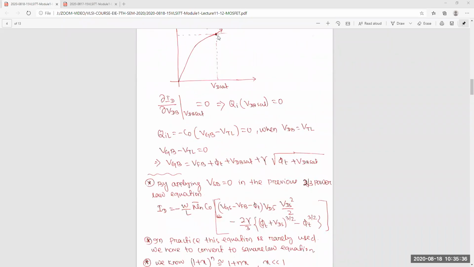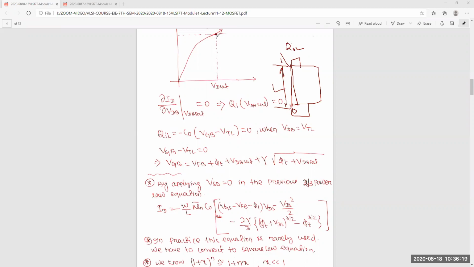At that particular point, we also say that QIL, suppose this is your L. You are starting from 0. This is L. This part is your drain side. This is your source side. So this point is L. That means Q at this point is nothing but QIL.